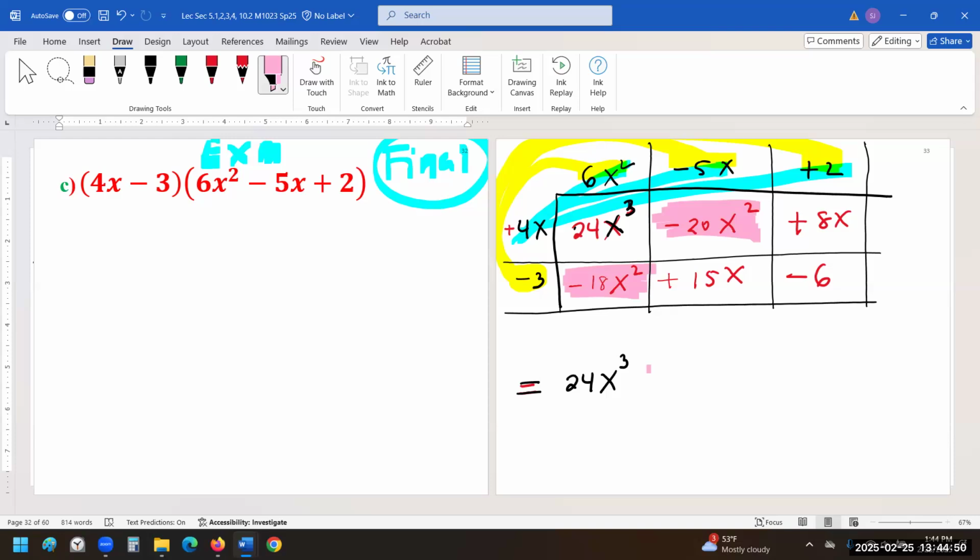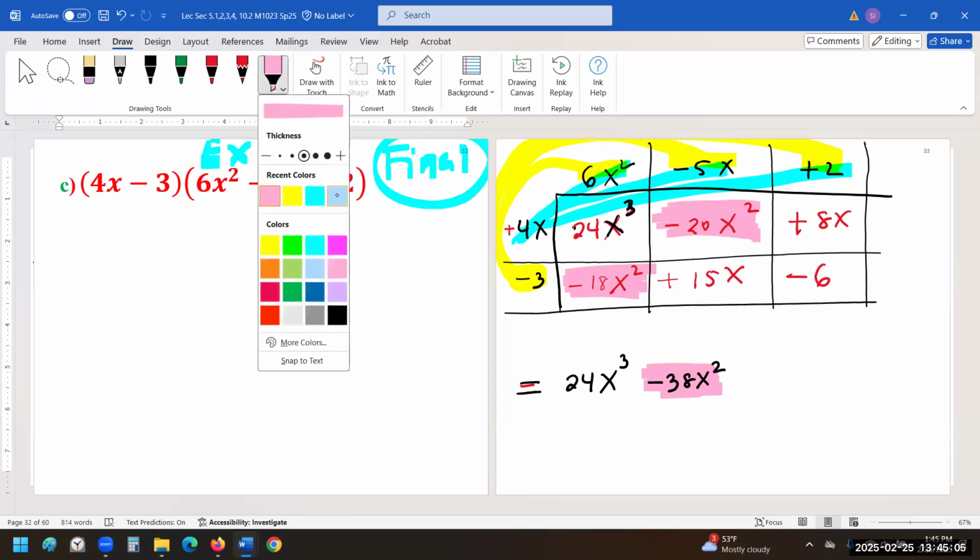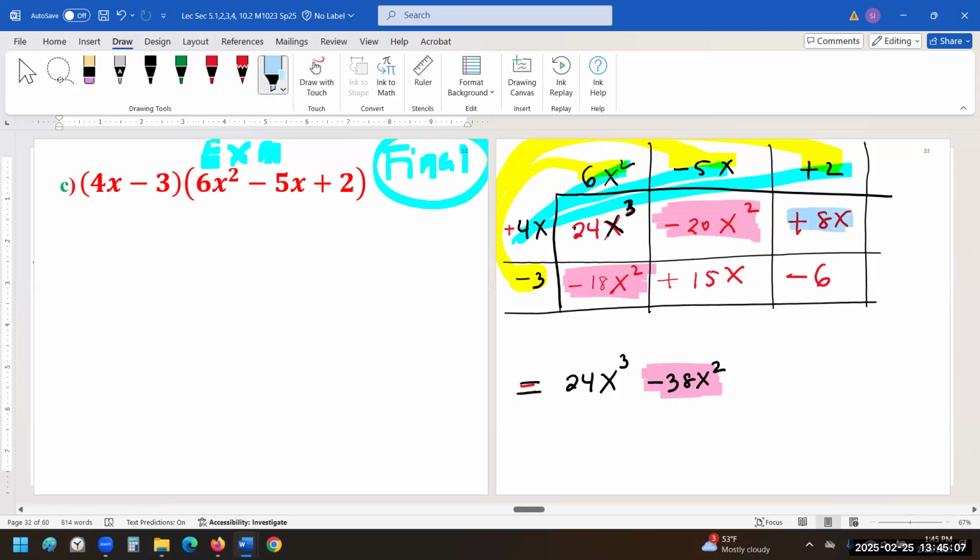No. So you combine them. Negative 20 minus 18, negative 38x squared. And then our next term is the x term. So 8x and 15x, 23, plus or minus? Plus. And lastly, what we did not use? Negative 6.